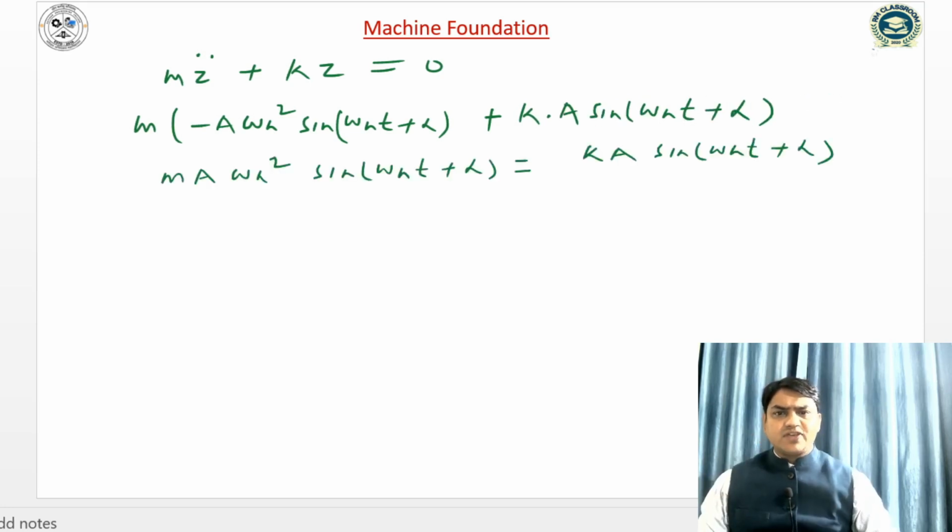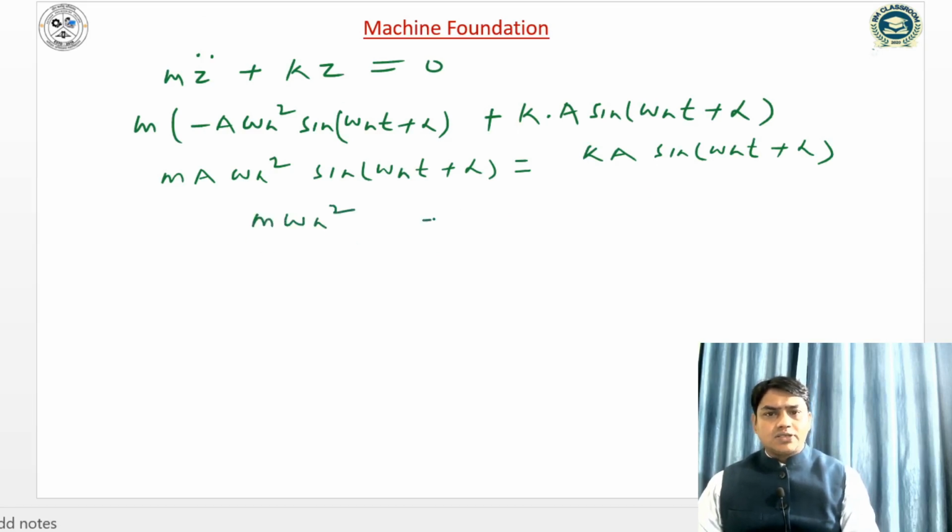If I solve this, a cancels and sine omega nt plus alpha cancels, so m into omega n square is equal to k. So omega n square is equal to k by m, and omega n is equal to square root of k by m.